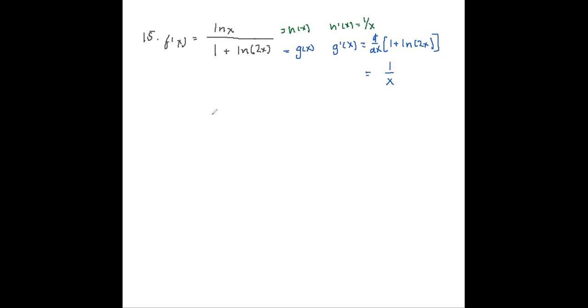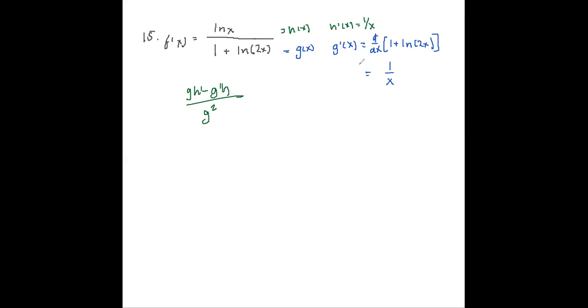It is g h prime minus g prime h over. Okay, that makes sense. Yep. Over g squared. So that's what we're looking at in terms of the rule.